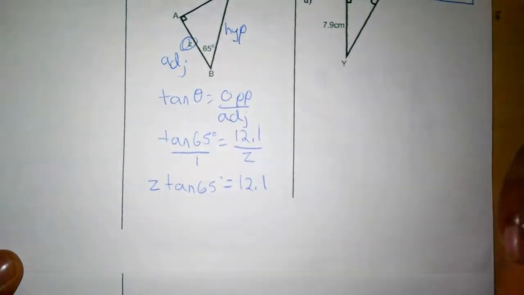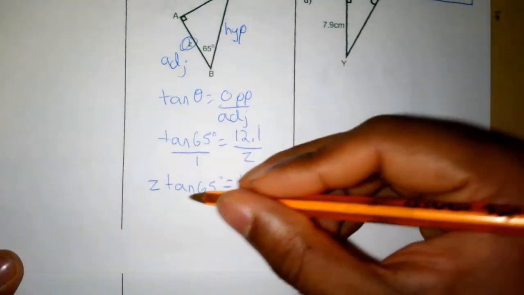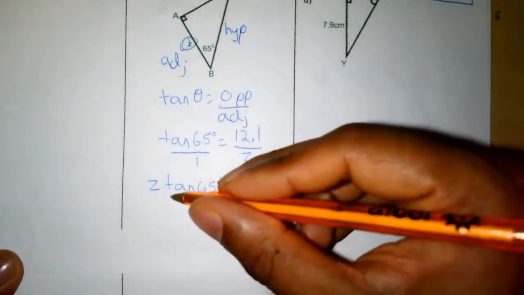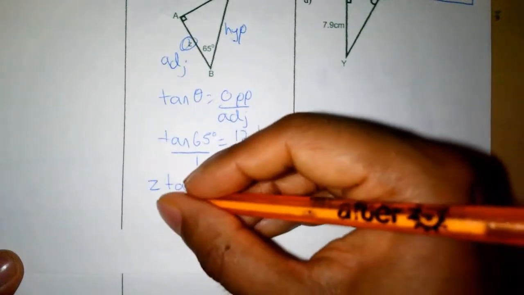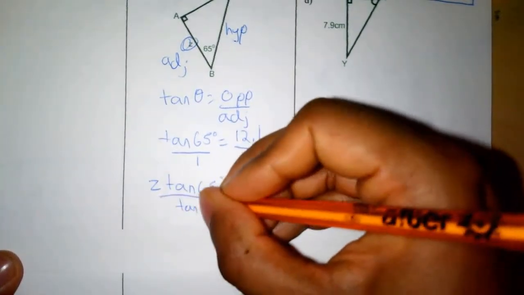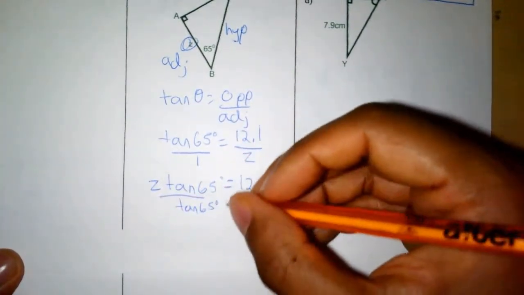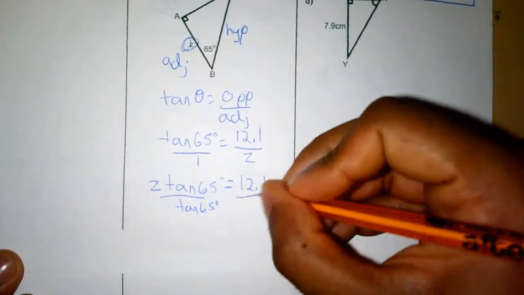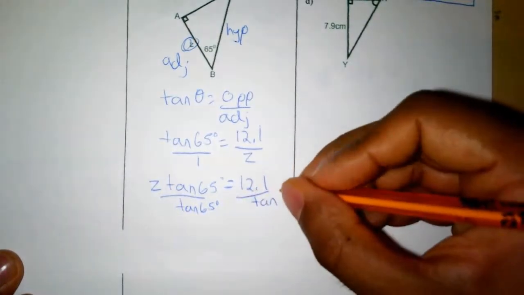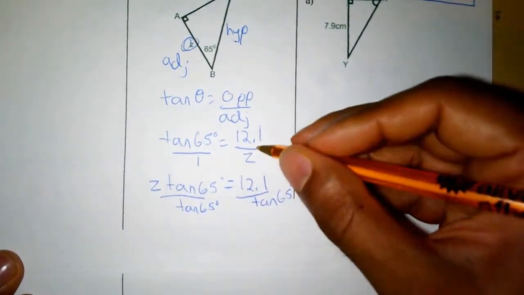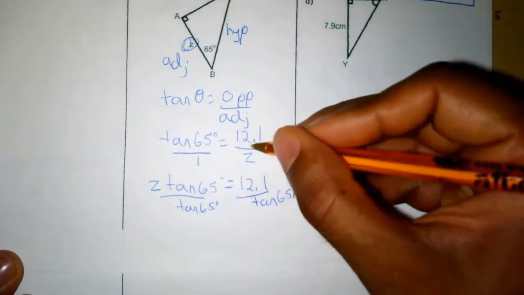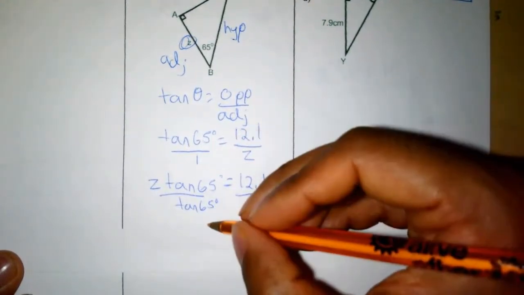Then we want to get the tan away from the Z, so I divide by tan 65 on this side. I'm showing you each step, but once you get used to this, you can skip this step. You could have done it in one go all the way from here to down here.